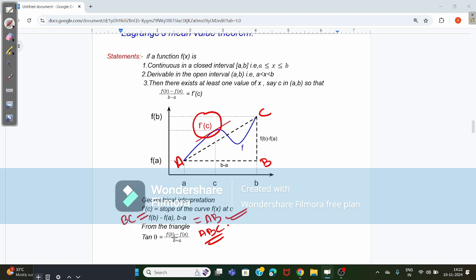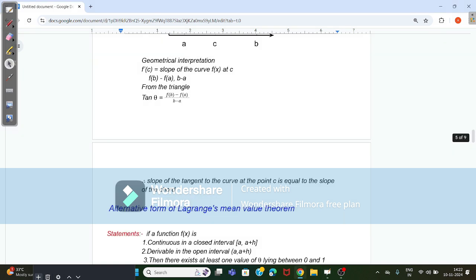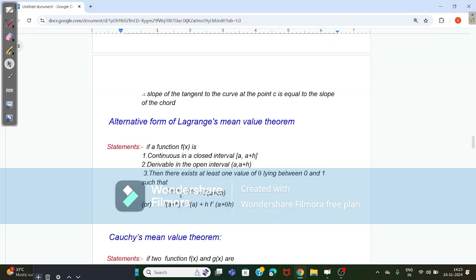So tan theta is equal to f of B minus f of A by B minus A. The slope of the tangent to the curve at point C is equal to the slope of the chord.